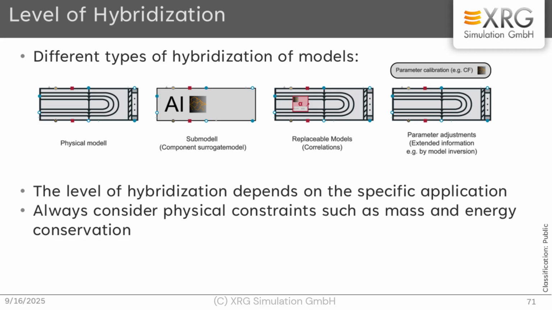For example, in our case we just predict the Q flow and not the output temperatures of both ports, because then the predictions could vary between both values and you can have something that's not physical at all.